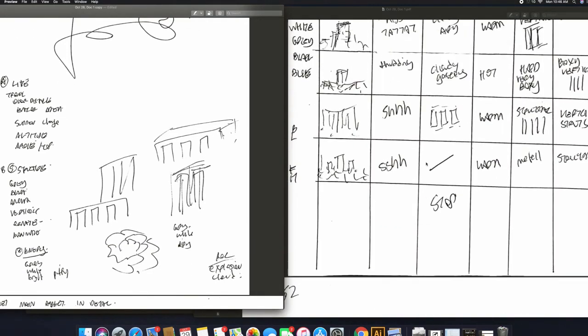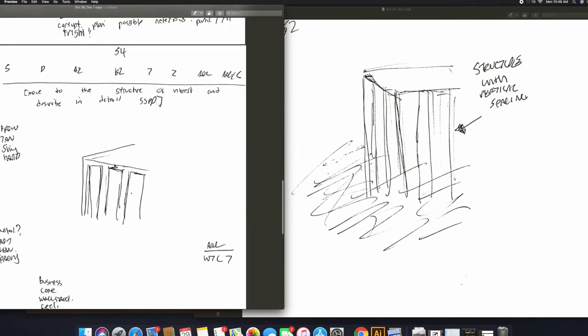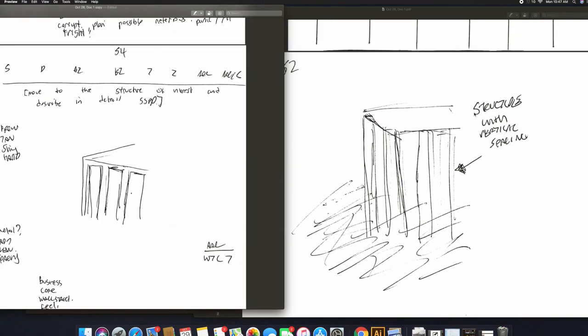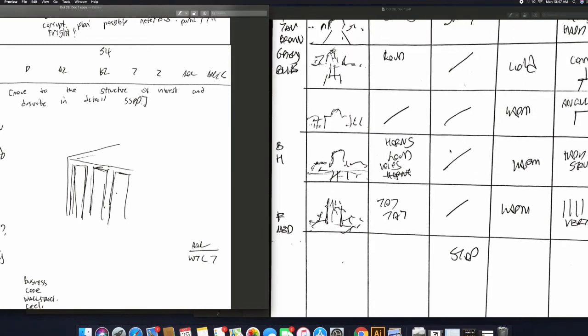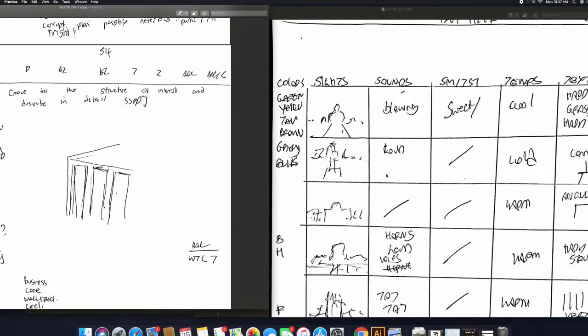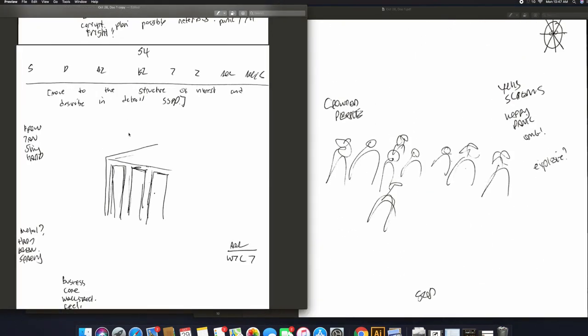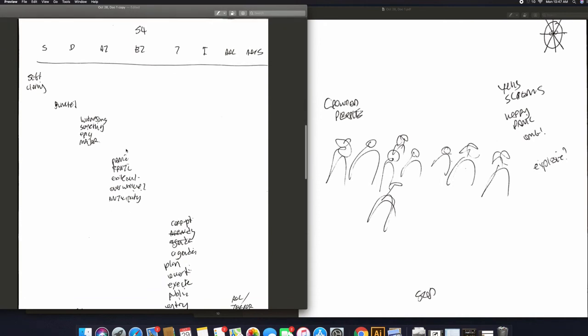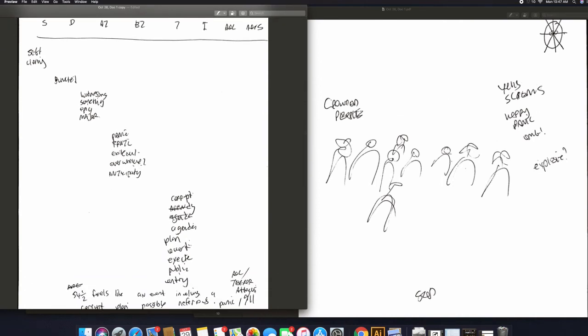Some of these visuals are very similar. Here's one of the drawings that I had in my CRV session, and here's one from my visual remote viewing session. I was still able to pull the emotions of panic, overwhelming anticipation, yells, screams, worry, panic.